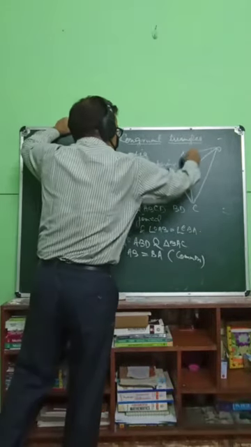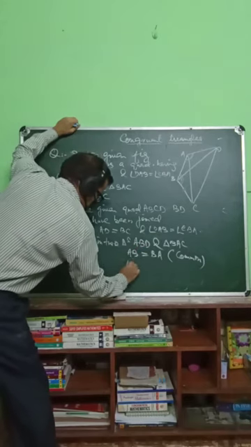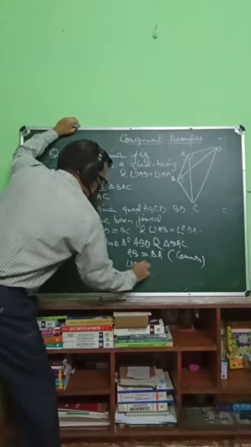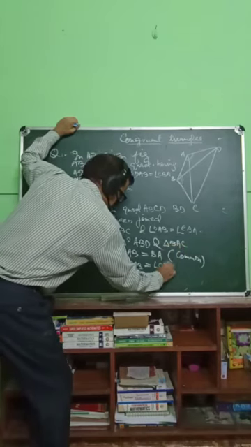Angle DAB is equal to angle CBA, it is given.